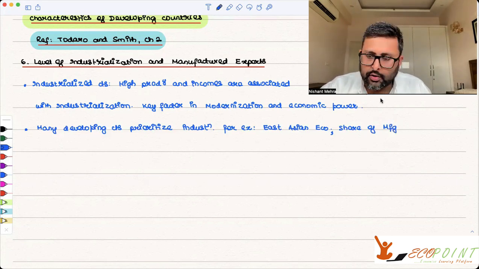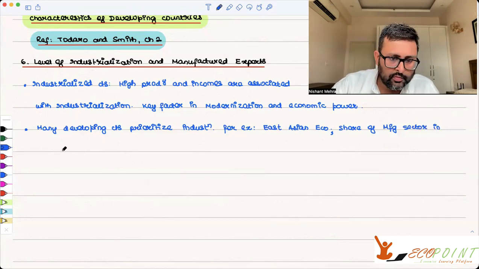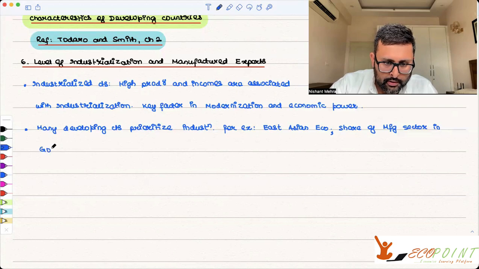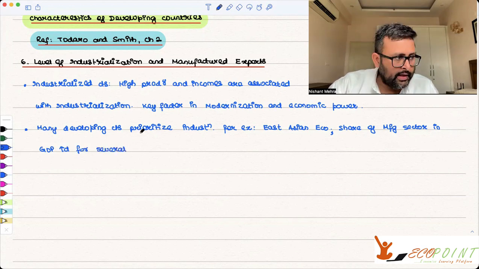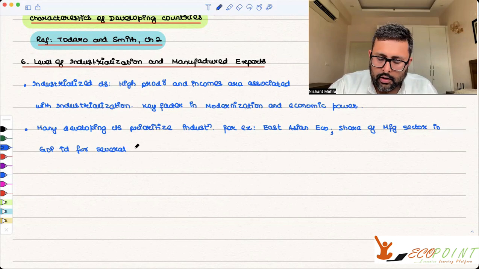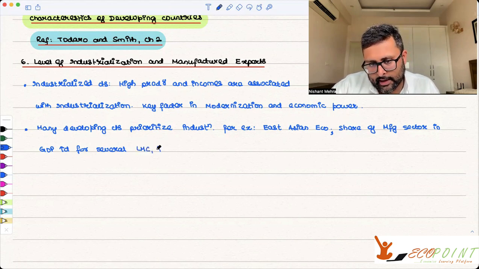The share of the manufacturing sector in GDP increased for several middle income countries or upper middle income countries. So you can say lower middle income countries and upper middle income countries.